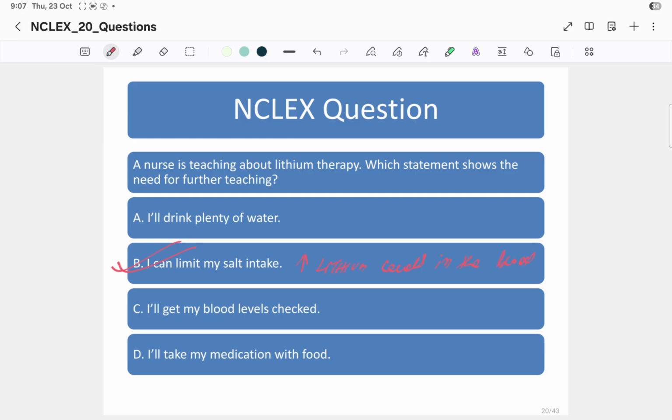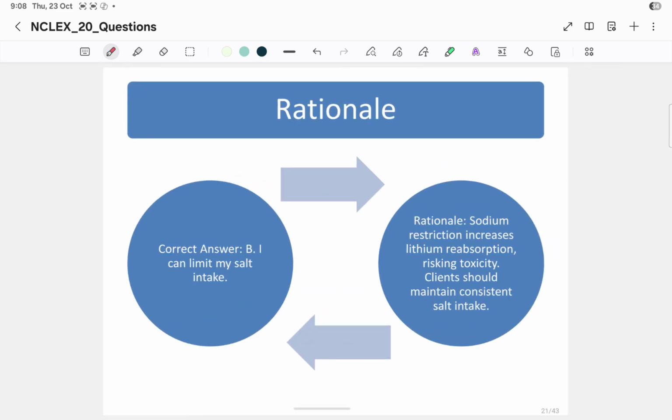So the nurse needs to educate the patients who are on lithium therapy on the importance of maintaining a consistent and moderate sodium intake. Rationale: sodium restriction increases lithium reabsorption, risking toxicity. So the client should maintain a consistent and moderate amount of salt intake while on lithium therapy.